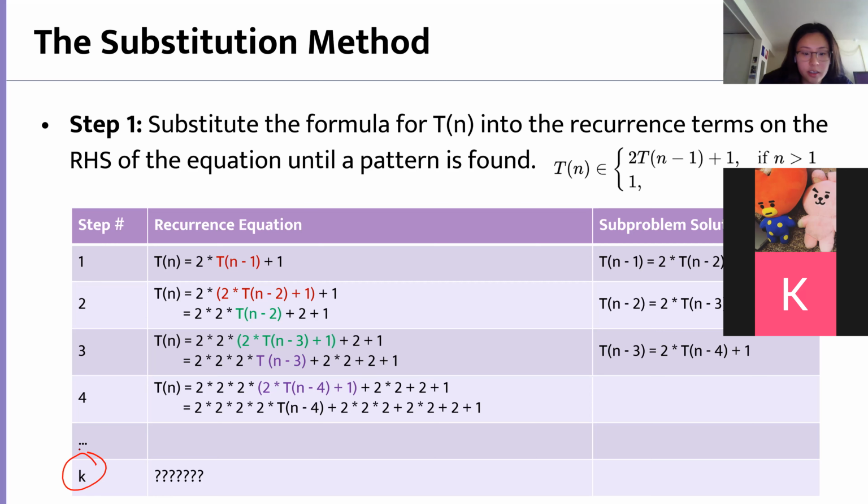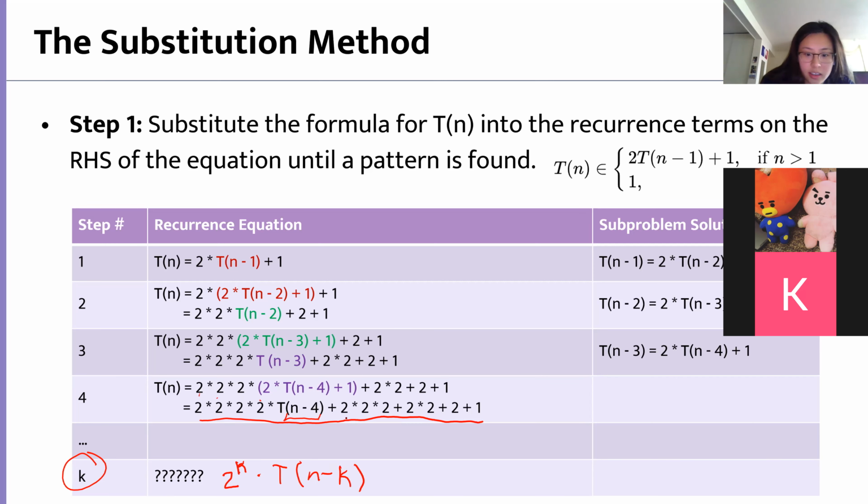So if we look at this bottom portion right here, we will see that there's 1, 2, 3, 4 2's in the front. And then there's this t of n minus 4 term, right? So we can generalize this to be 2 to the k multiplied by t of n minus k.